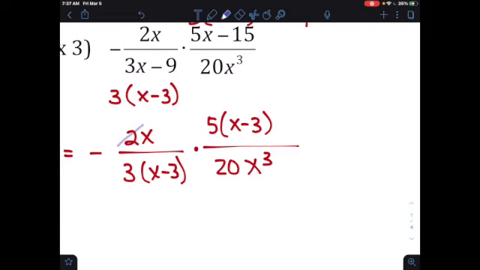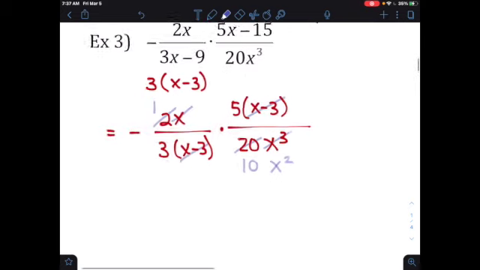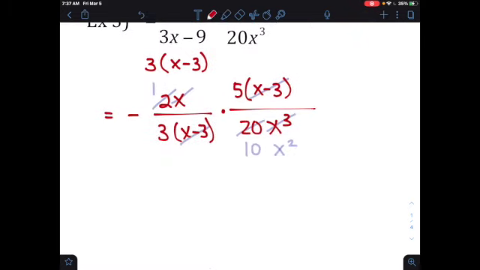So you can do 2 and 20, that's 1 on top, 1 on bottom. Then you can cancel the x right here. I usually like to go down the line so that way I know I didn't miss anything. That will be x squared, 1 on top, 1 on the bottom. So then I go down to 5, there's nothing to cancel, but I can cancel x minus 3, and then I now collect all the things and multiply them together.